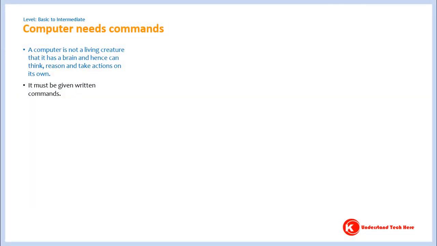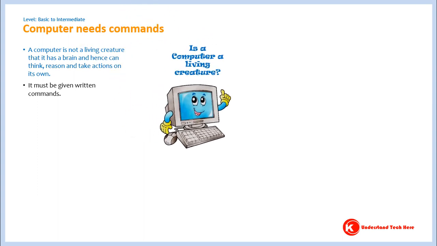Is a computer a living creature? Well, clearly not. It means it does not have a brain that it can think, reason, and take actions on its own. In fact, it cannot sense anything at all and do even the most basic things on its own. Hence, a computer does not do anything on its own.